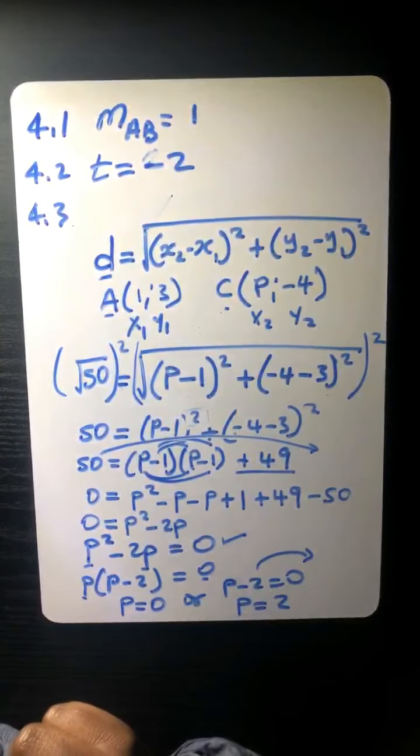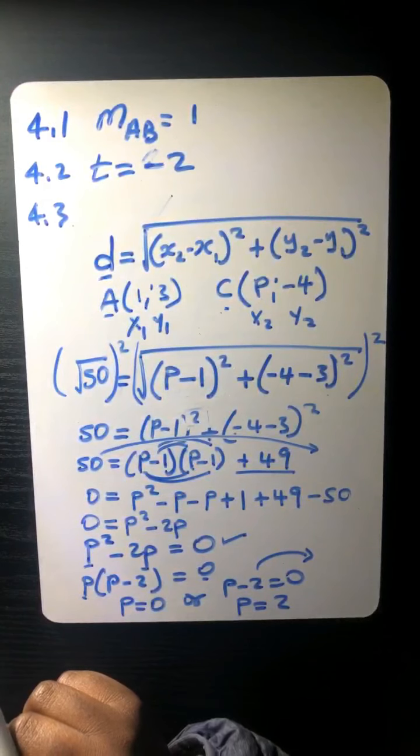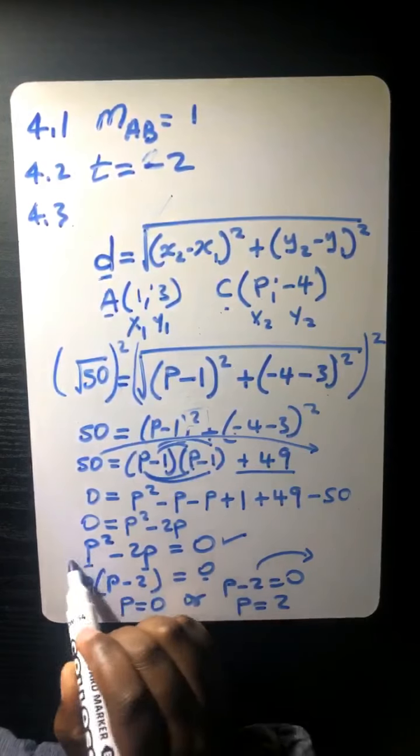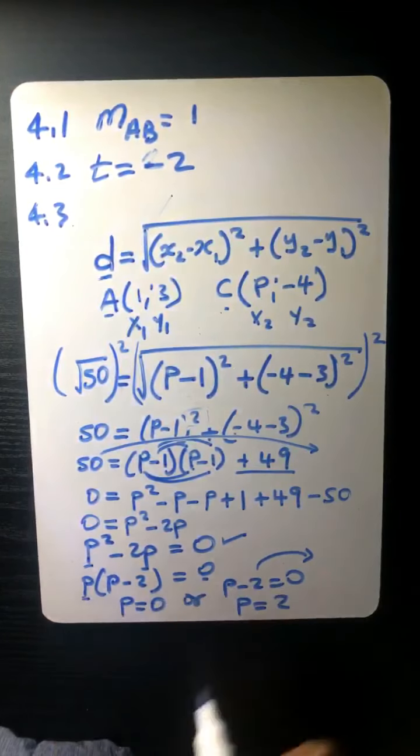Once it's in standard form, you can factorize, find the factors by using your head or using the quadratic equation. Or otherwise, in cases where your C is 0, you just take out a common factor and equate that to 0.